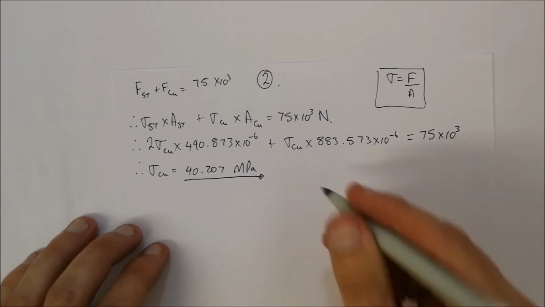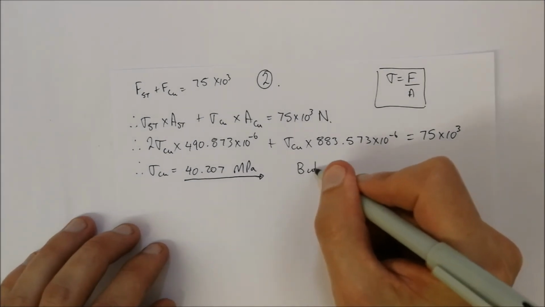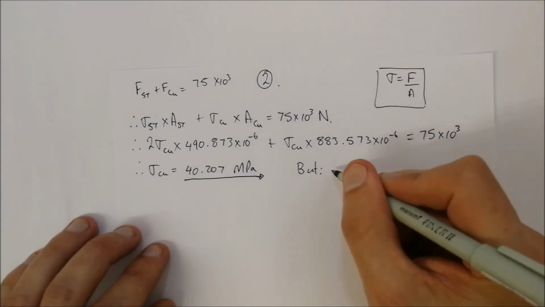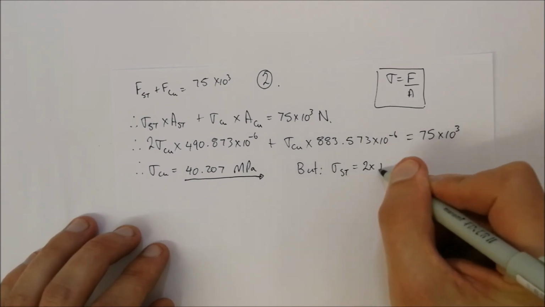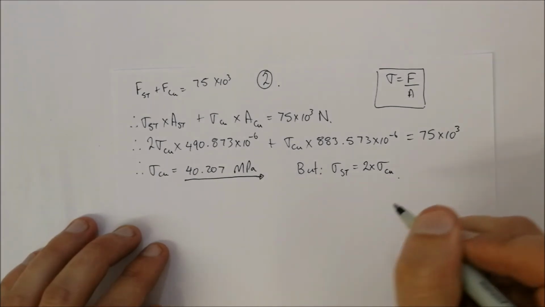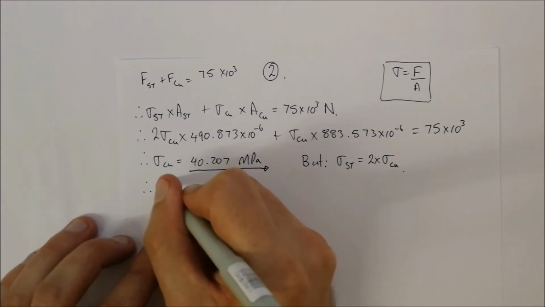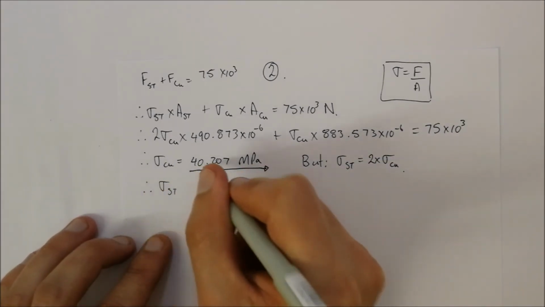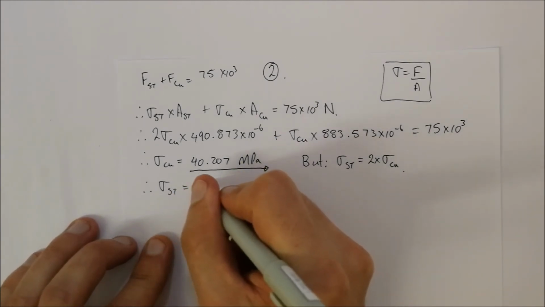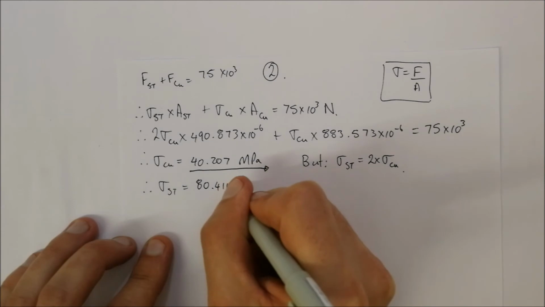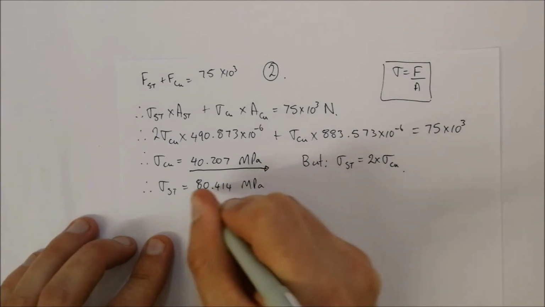But keep in mind that the stress of steel is equal to 2 times the stress of copper. So therefore the stress of steel is equal to 2 times that, and that's equal to 80.414 megapascal.